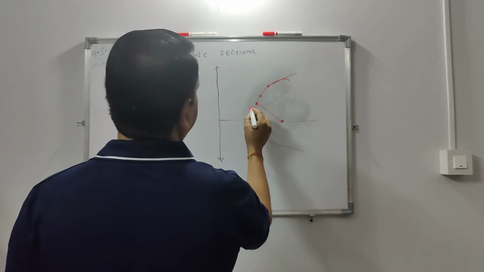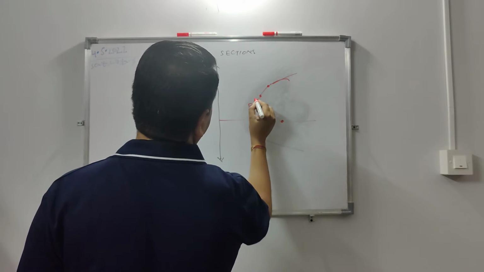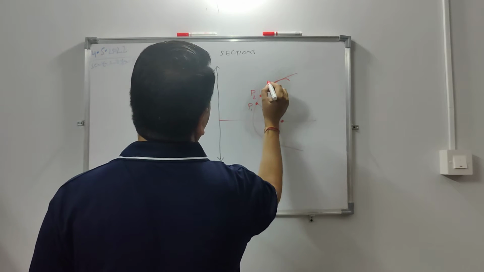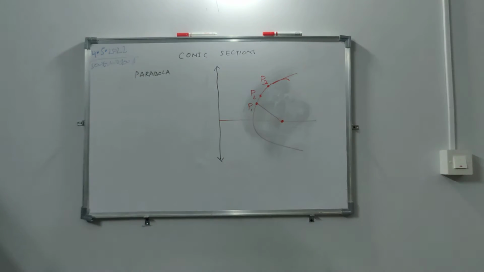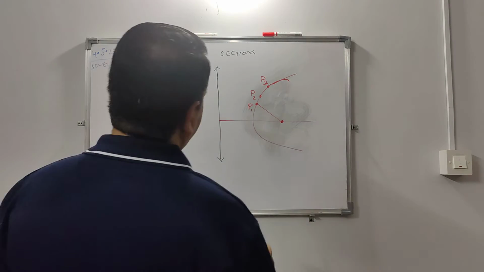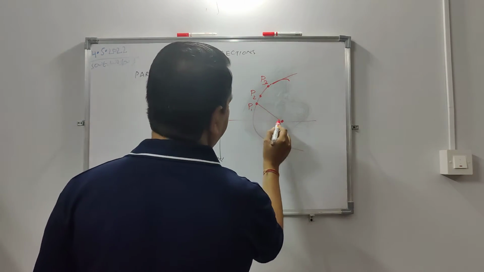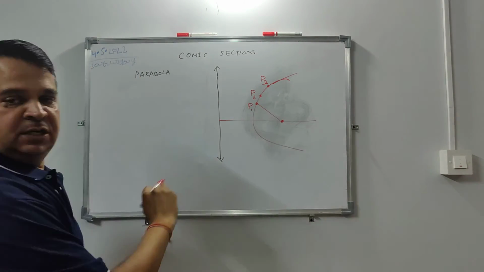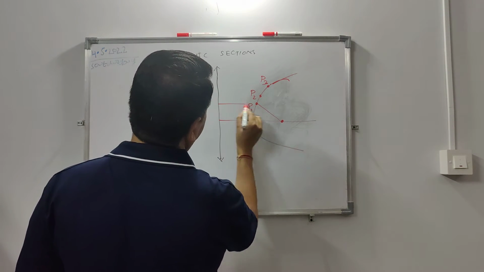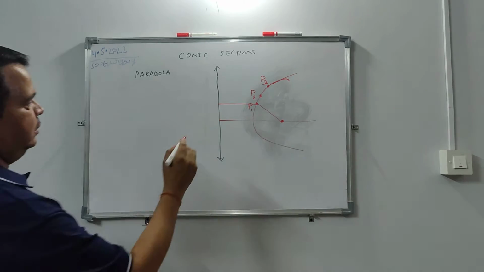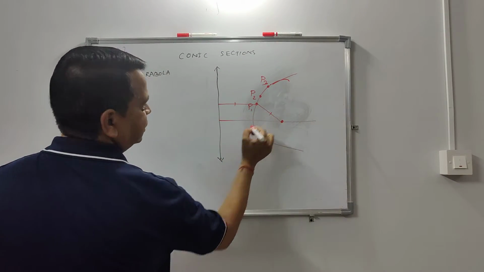Let us say this is my point P1, this is my point P2, this is my point P3. So these are my 3 points. The distance from this point and the distance from this line are equal. So this is equal to this.